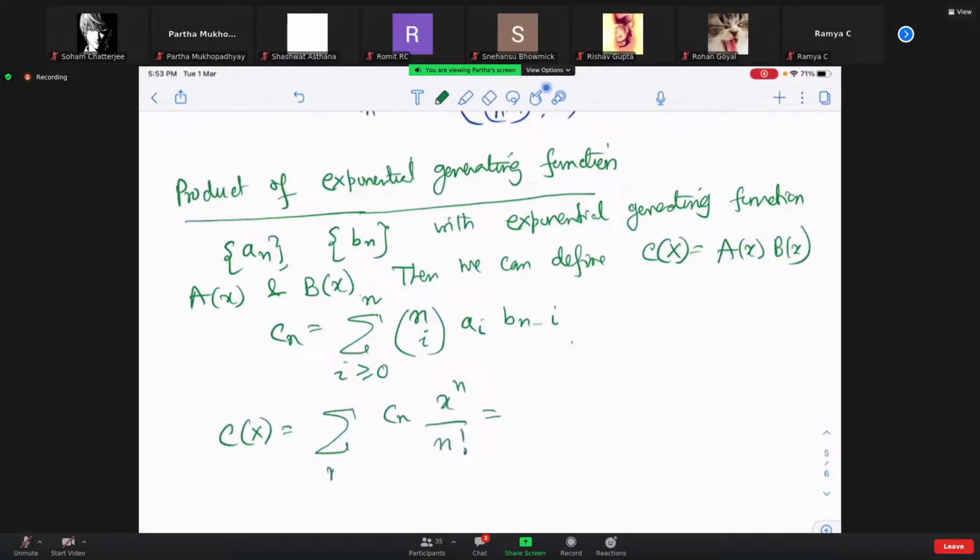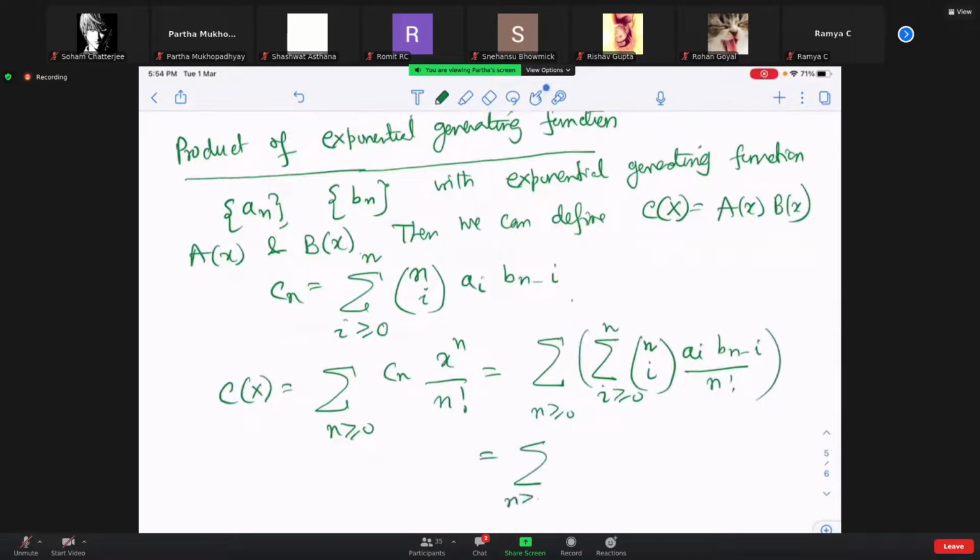The n factorial will kill the thing you are getting from the binomial expansion.